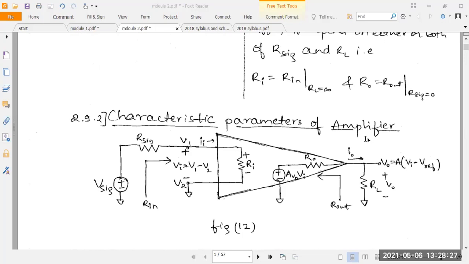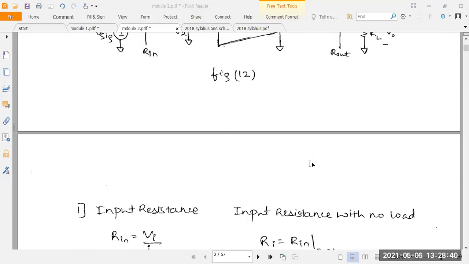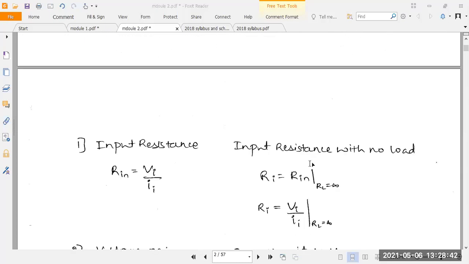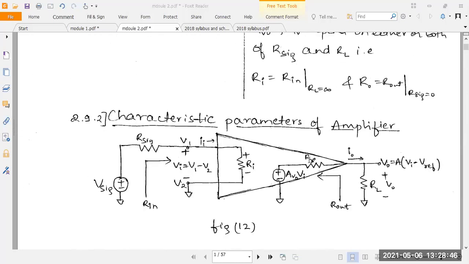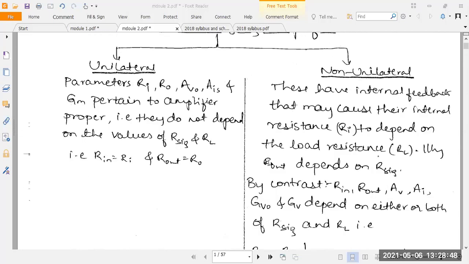So for the amplifier, they have taken 2 inputs and 1 output, which means we take the difference in input voltage for the amplification. That is the meaning of op-amp here. But here you want to take the unilateral and non-unilateral. First you take the parameters.